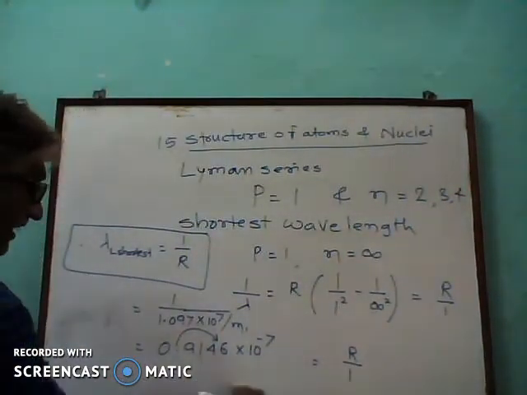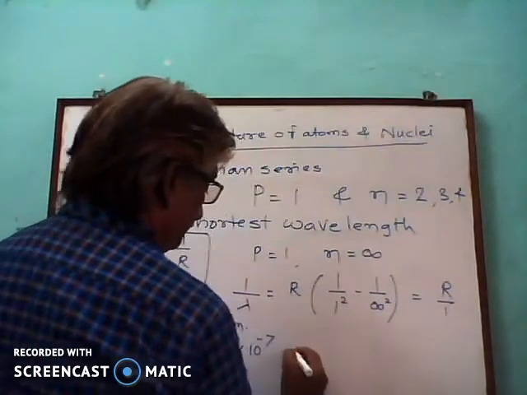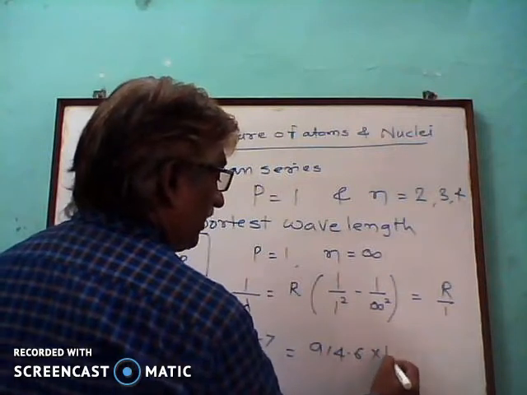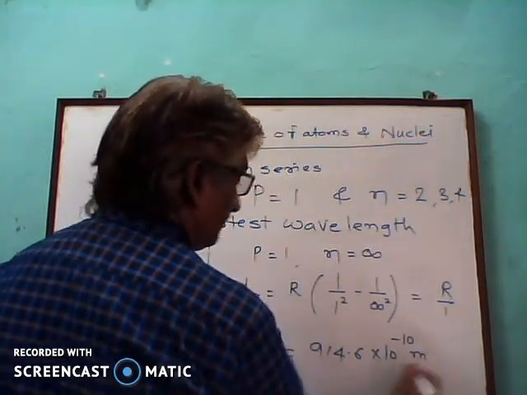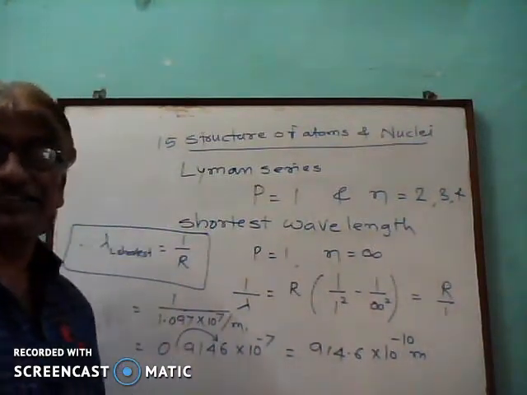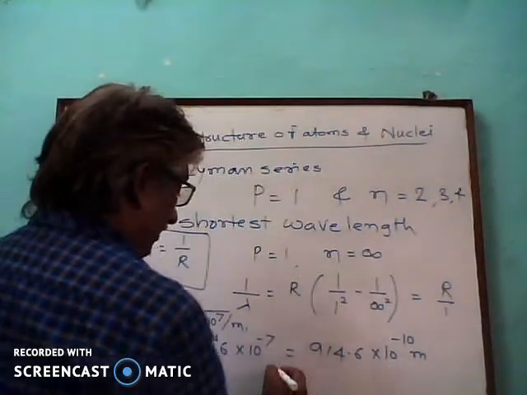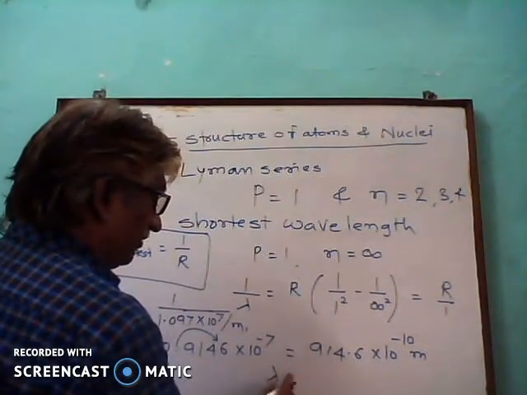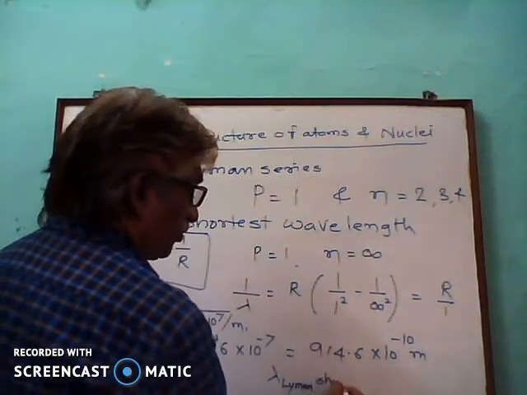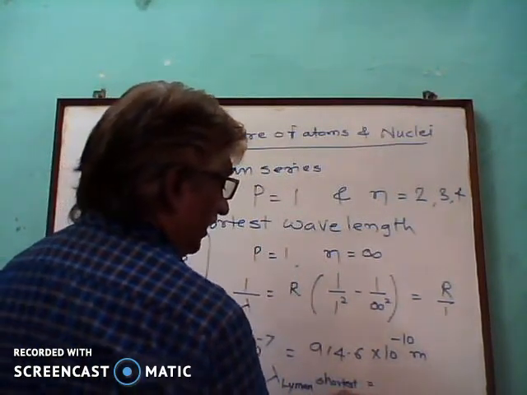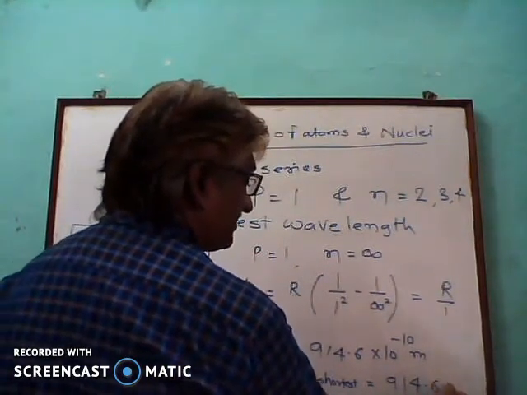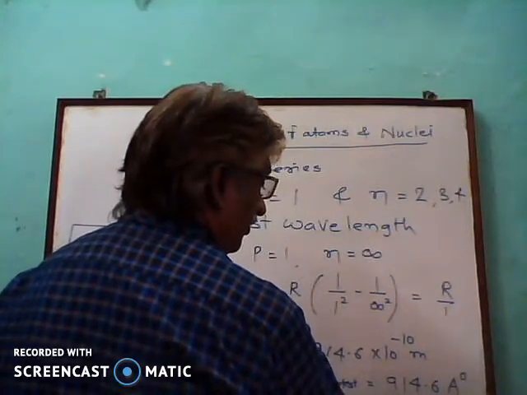Your value will be 914.6 into 10 to the power minus 10 meter, because the point is shifted after 3 digits, and so lambda Lyman for shortest wavelength of the Lyman series will be 914.6 angstrom unit.